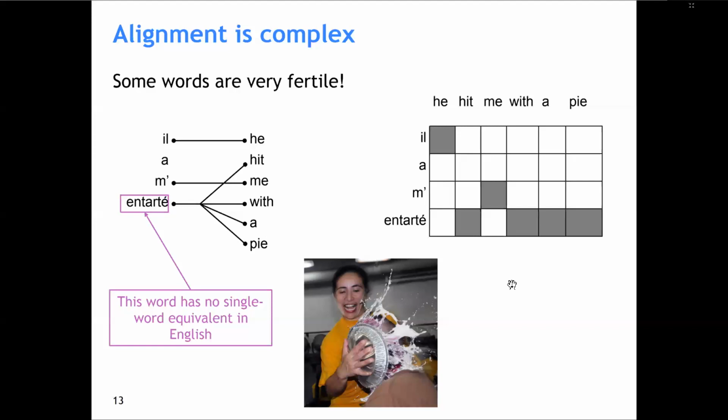You can maybe directly put this word corresponds to "hit with a pie," but then "am" kind of shows up earlier, and then you need to rearrange, even insert a word within this phrase, right? So it's not an easy task to get all the words correct in this ordering, right?